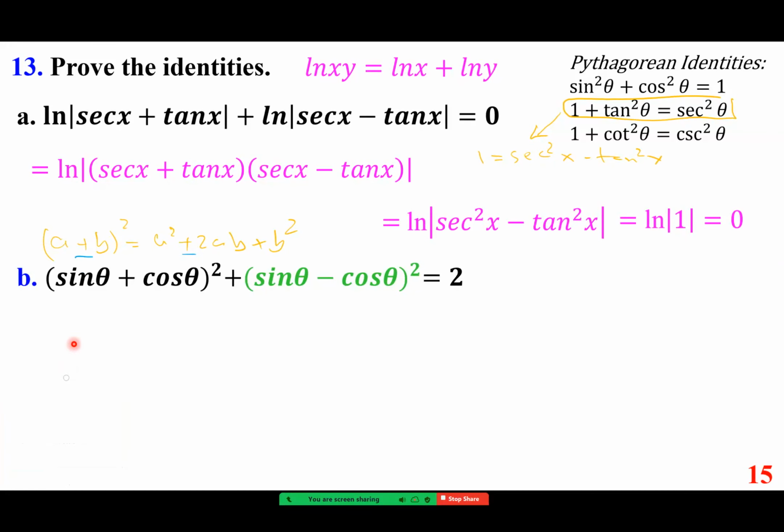So with that being the case, we have sine squared theta plus 2 sine theta cosine theta plus cosine squared theta, plus sine squared theta minus 2 sine theta cosine theta plus cosine squared theta. So that's very straightforward, everybody. I hope everybody is okay with that.